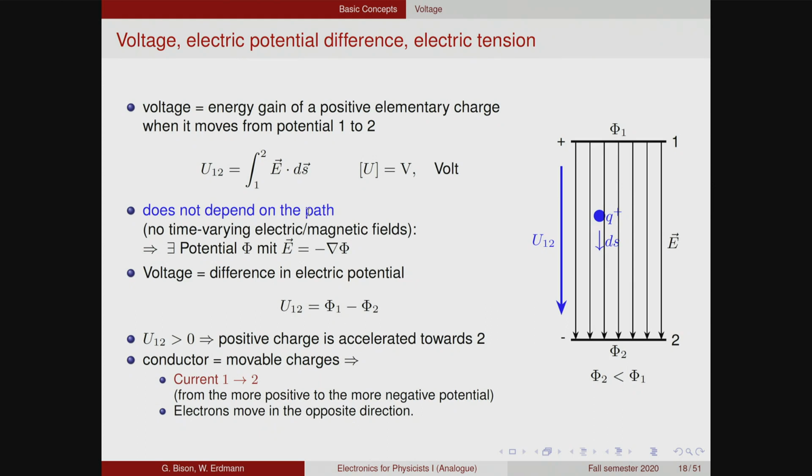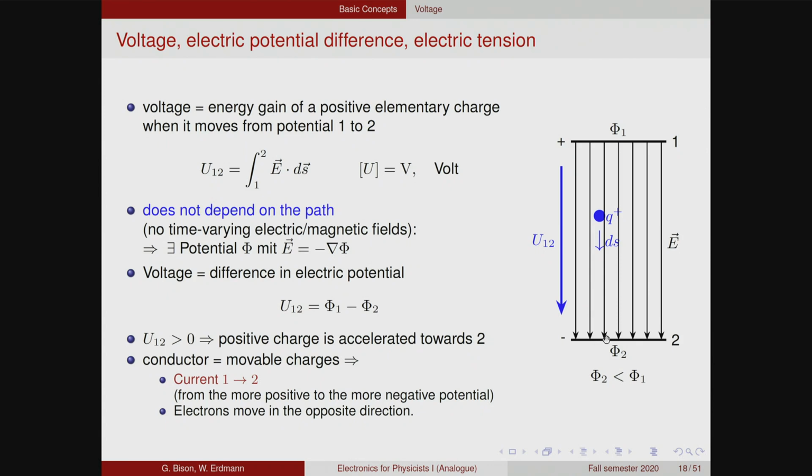What makes the current go through a conductor is the voltage. Voltage is defined as a potential difference between two electric potentials. And well, you can say it's the energy gain of a positive elementary charge when it moves from one potential to the other potential.